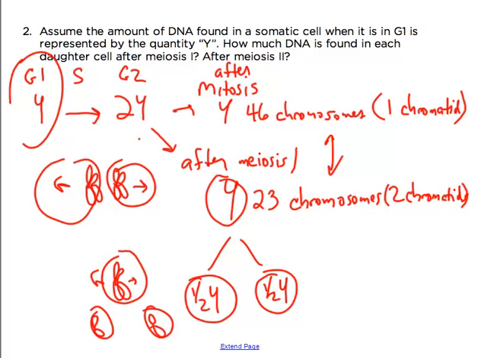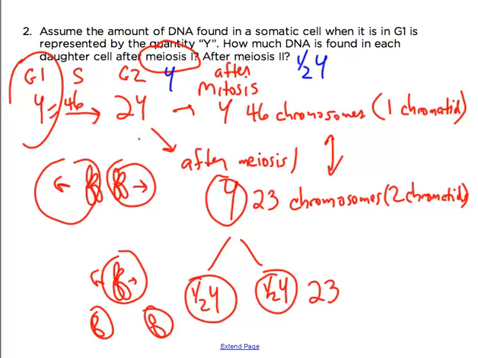And that makes sense, because if we're assigning the numbers, Y equaled 46 in humans, and we know that the gametes, which form after meiosis II, are going to have 23, which is 1/2 Y, 1/2 of 46. So they asked us after meiosis I, the answer is definitely Y for that part, and after meiosis II, the answer is definitely 1/2 Y.